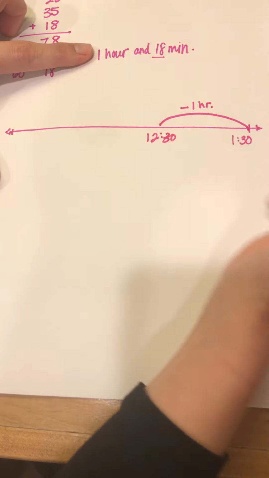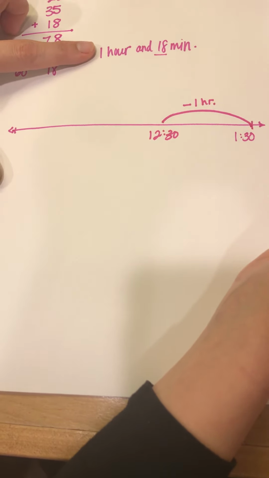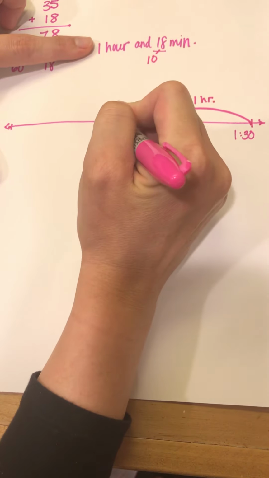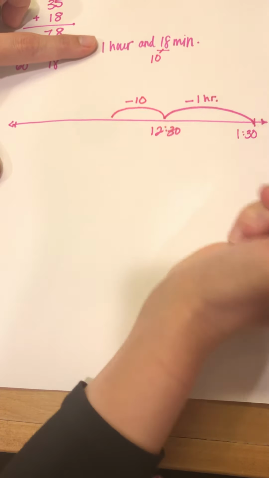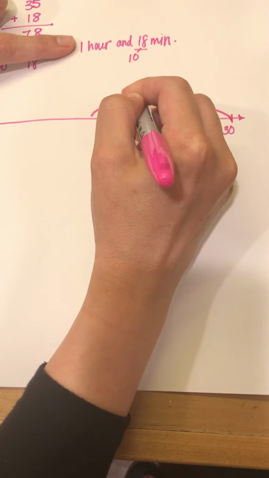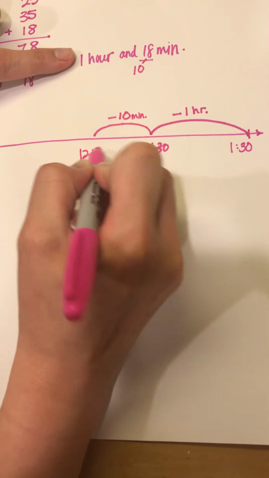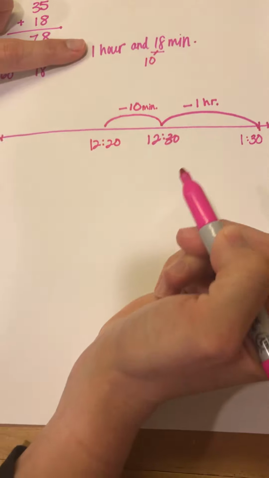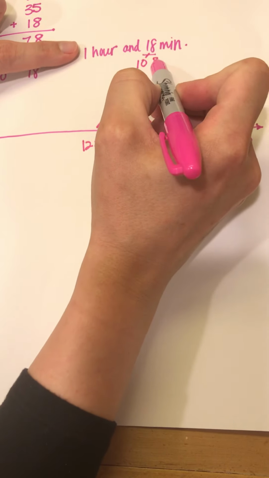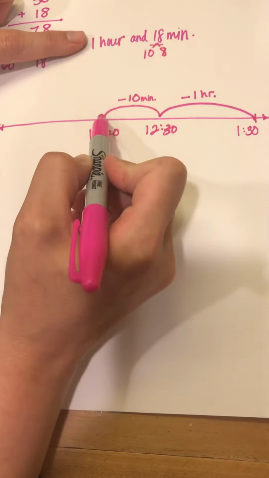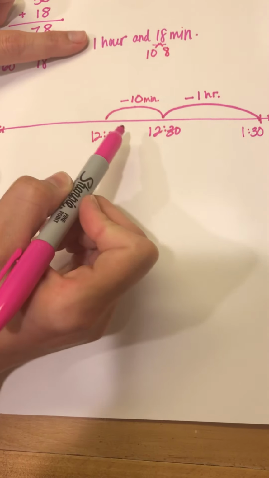I can break up those 18 minutes however I would like. I'm going to use 10 to start. So I am going to go back minus 10 minutes, and I can put my unit here. Minus 10 minutes gets me to 12:20. Now I have 8 minutes remaining, and I just am taking that 18 minutes and breaking it up so I can work mentally a little bit easier.